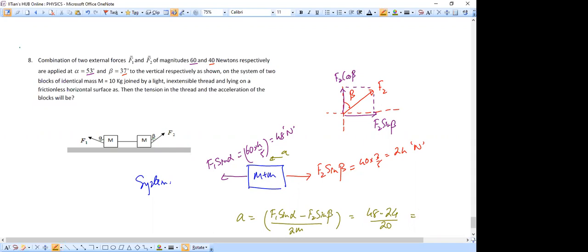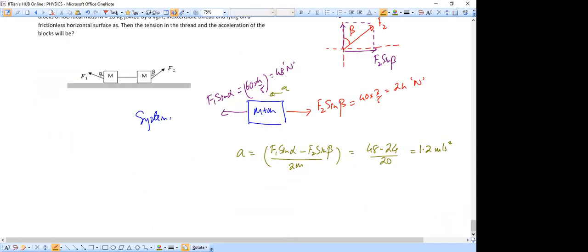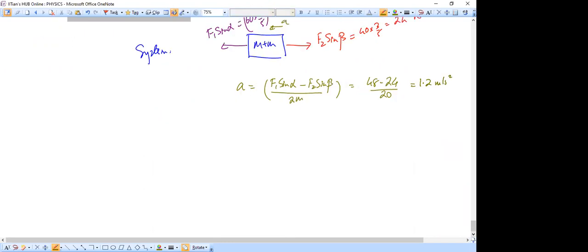Okay. Now, once you establish this, to find out tension, you make the individual free body diagrams. So if you look at the individual free body diagram of this block, there is F1, there is tension, there is weight, and there's normal reaction, and it's moving with an acceleration a.